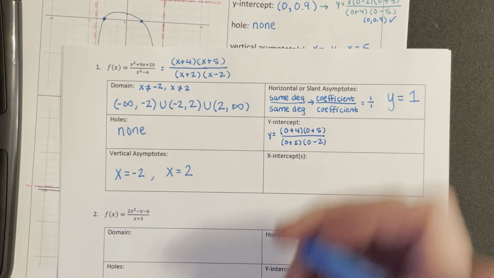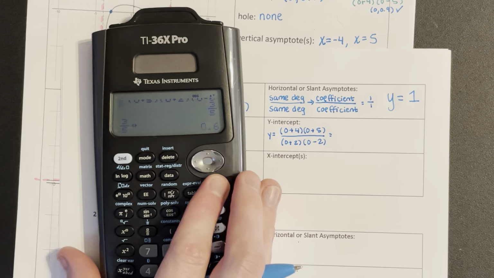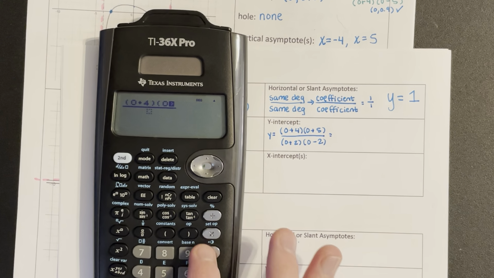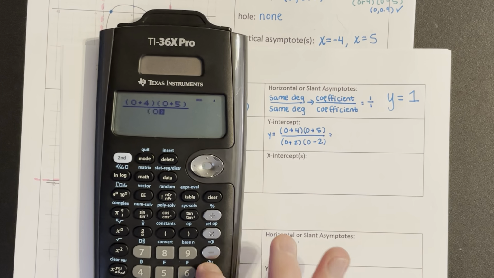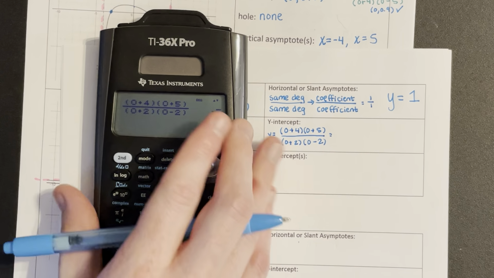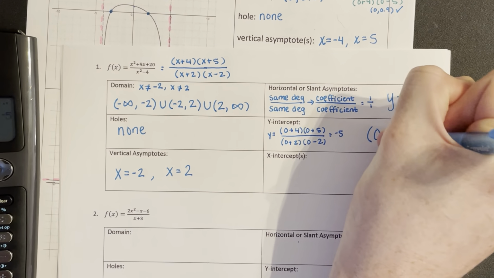Plug in 0 for x, and then we solve for y. So I have 0 plus 4 times 0 plus 5 over 0 plus 2 times 0 minus 2, and I get a negative 5 as my y-intercept. So 0, negative 5.